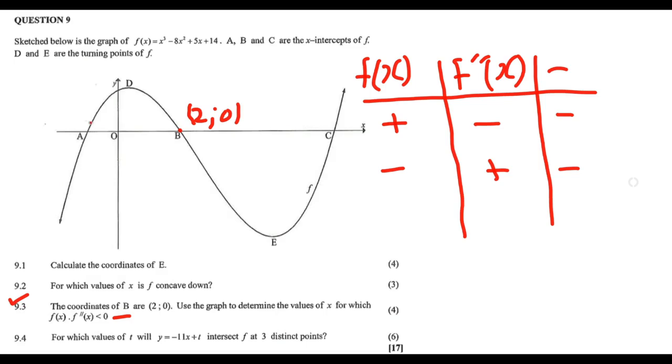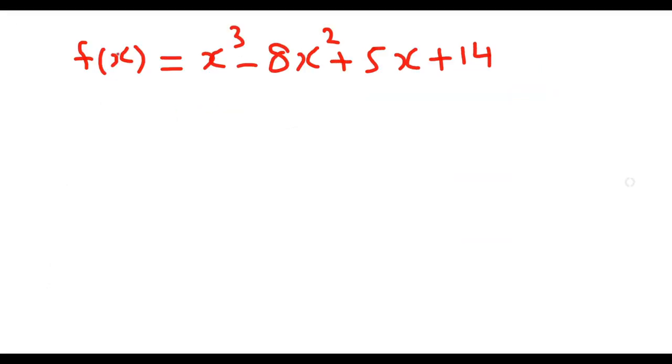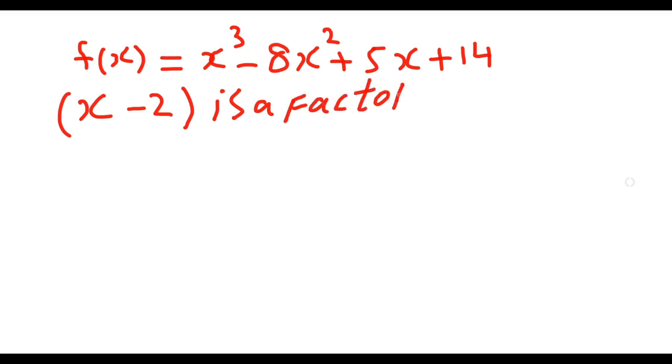So we need to find the x-intercepts of A and C. This is the function f(x), and x minus 2 is a factor. Now I'm going to use synthetic division to find the other x-intercepts.